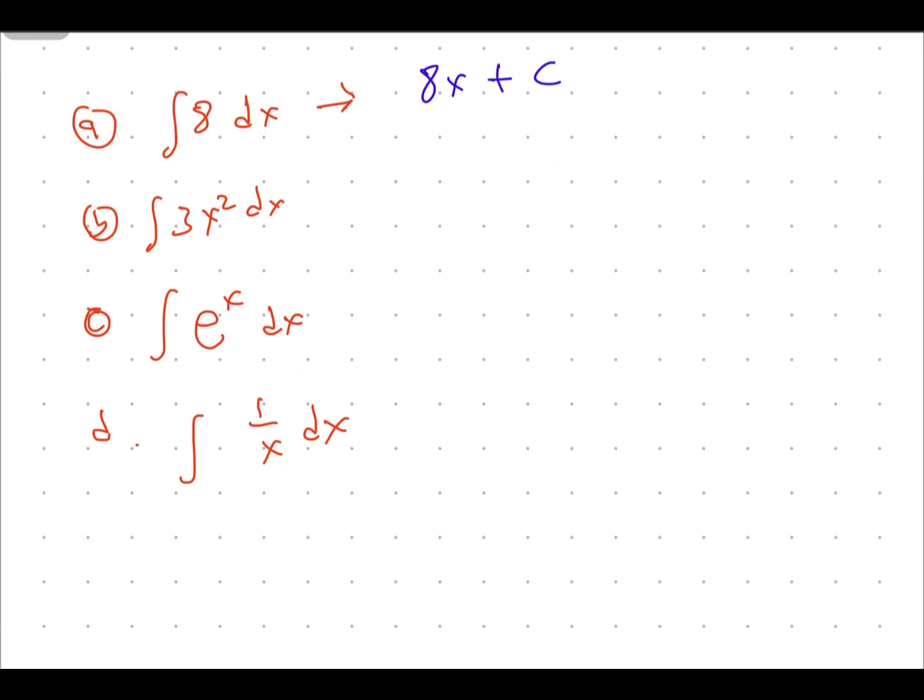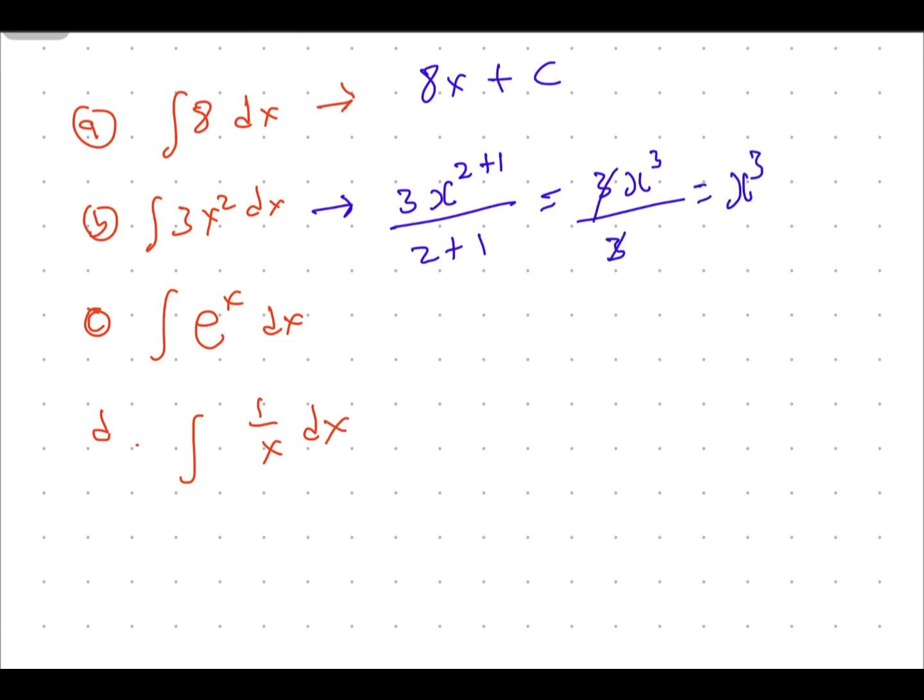The integration of the function 3x squared is equal to 3x to the power 2 plus 1 over 2 plus what? 1. And therefore, it's going to give us 3x power 3 over 3, and it will cancel this one. We are going to get what? x power 3 plus c.